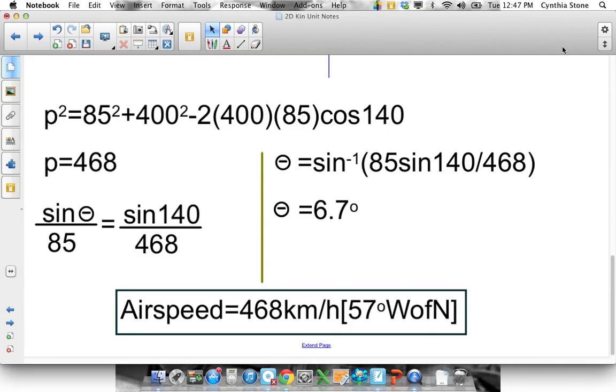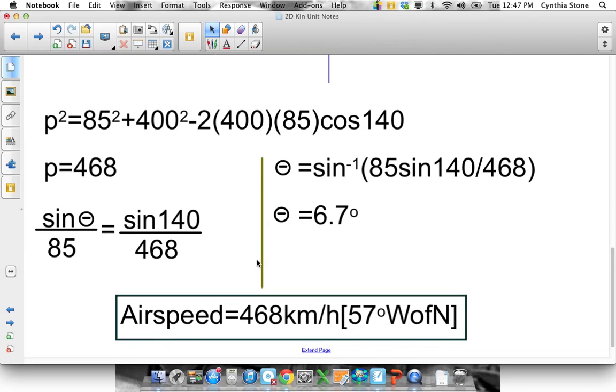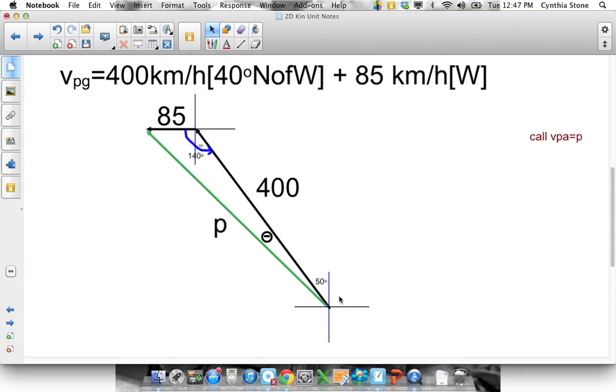Let's see, does that number make sense to us? The pilot has to go 400 kilometers this way, but the wind is pushing the pilot out of the way a bit. So you can see the pilot has to go a longer distance, on an angle further to the west, so that the east wind will push the pilot back where they want to be.